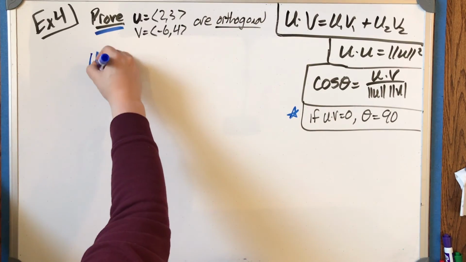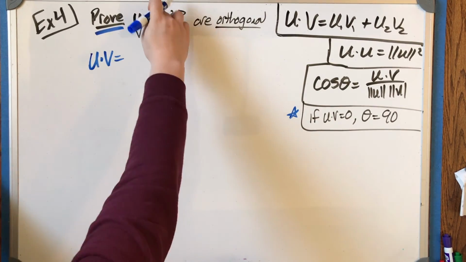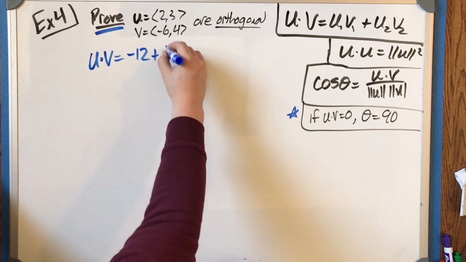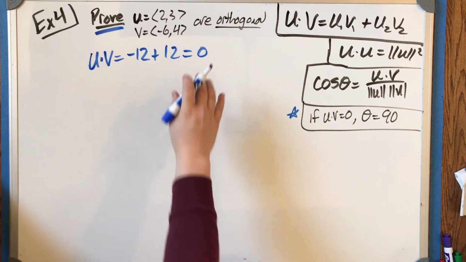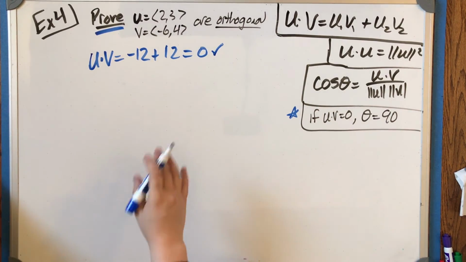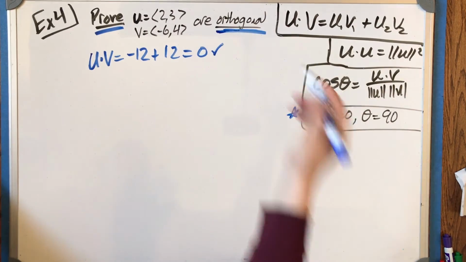So I'm just going to first find the dot product. So 2 times negative 6 is going to be negative 12, plus 3 times 4 is positive 12, and I get 0. So because that equals 0, and this property exists, I know that these two vectors are orthogonal.